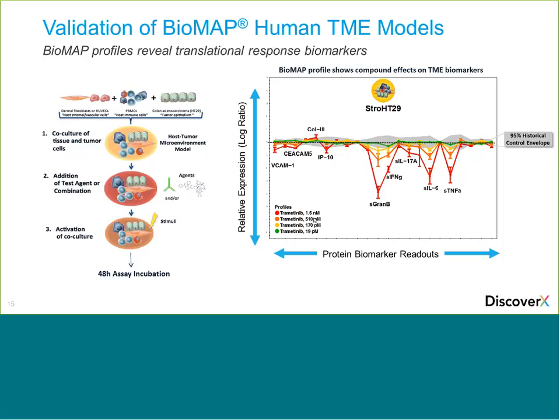And the gray envelope here is the 99% confidence interval of the historical vehicle control data for that particular readout in this particular assay.